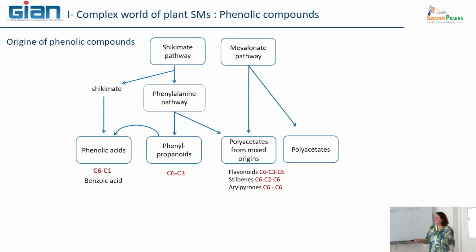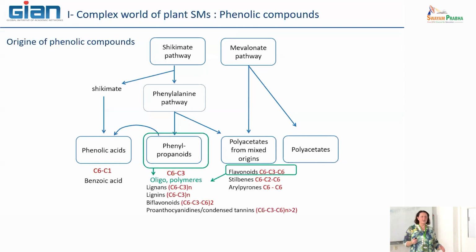And what is also interesting is that, in fact, from this one, you can also have a polymerization process that gives not only simple molecules, but really big molecules, in particular that leads to lignins, very complex molecules, and also lignans and different others, such as a part of tannins. And you can have combinations with some oligomers or polymers with other flavonoids, for example, to have more complex molecules.